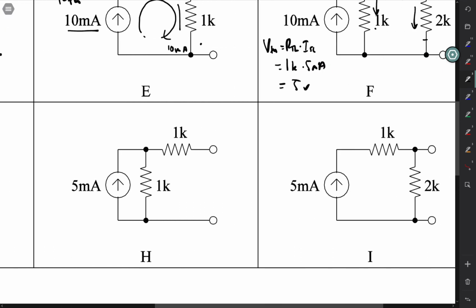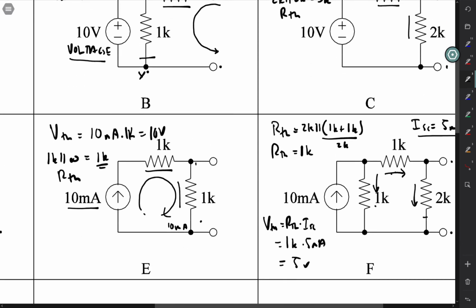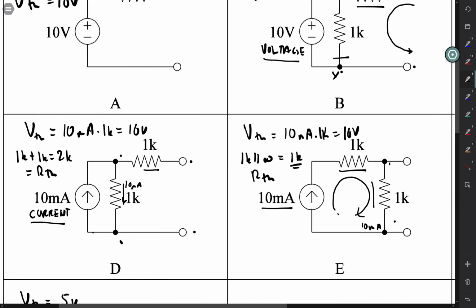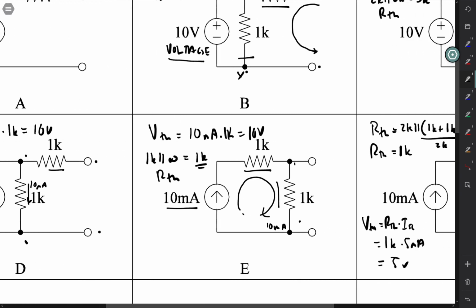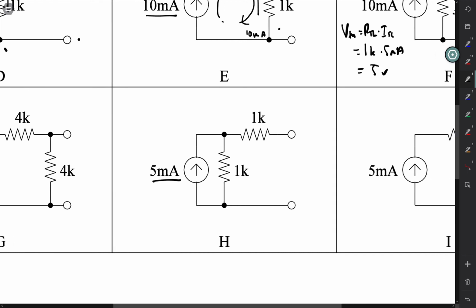Over here, a 5 milliamp current source dropped across a 1K resistor. This is really the same circuit as this one over here, but now instead of 10 milliamps, I only have 5 milliamps. So the same argument pretty much applies.